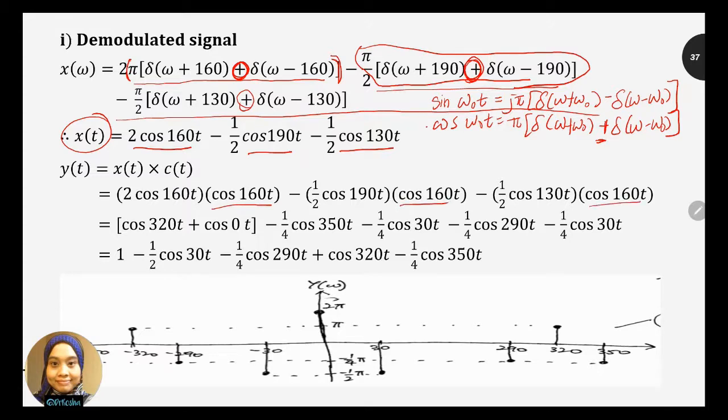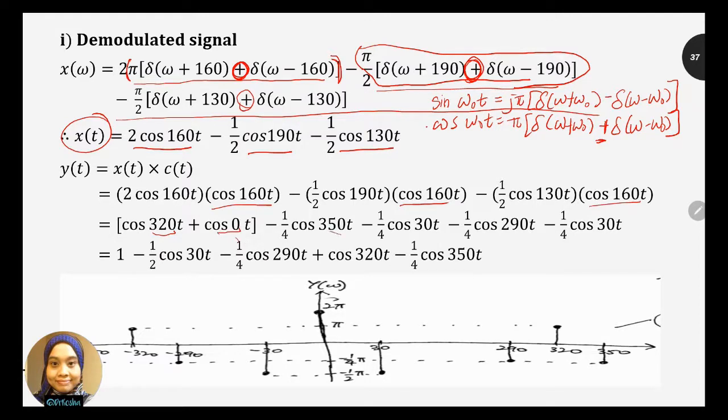When we have this, basically you just need to add it up. So 160 plus 160 is 320, and then you need to minus it so that you can get cos 0.